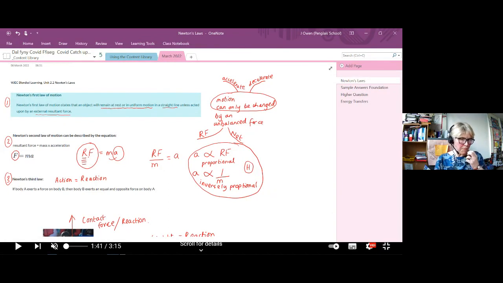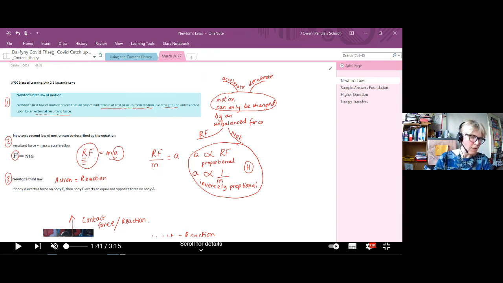I'll just recap then. What we've been doing is looking at the 3 laws of motion. Newton's first law states that an object will remain at rest or in uniform motion in a straight line. You've got to say that straight line, or you just say uniform velocity, unless acted upon by a resultant force.